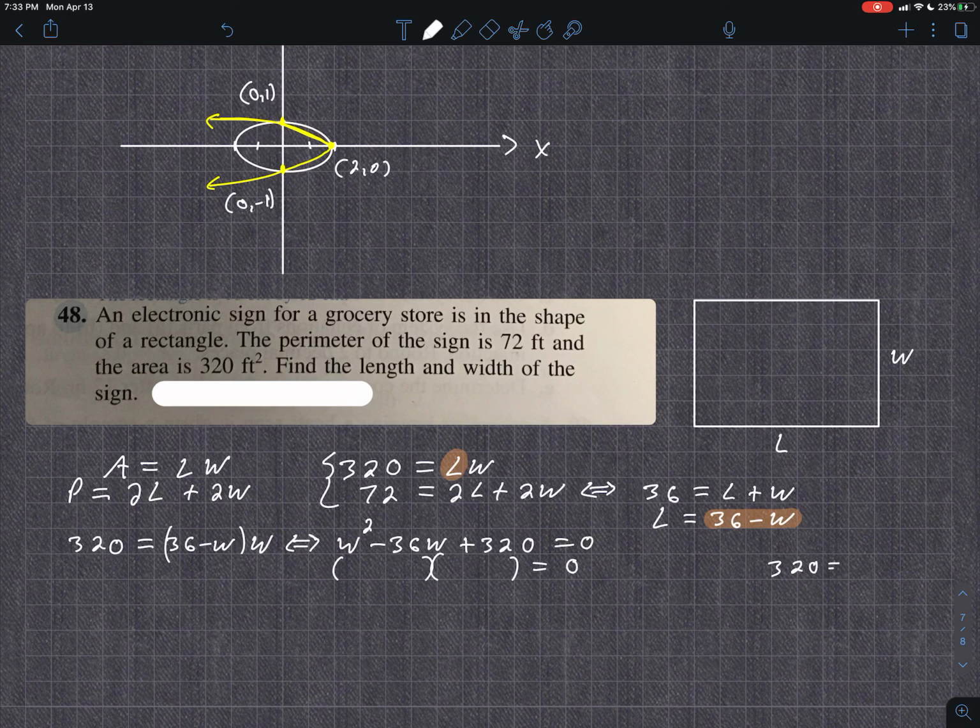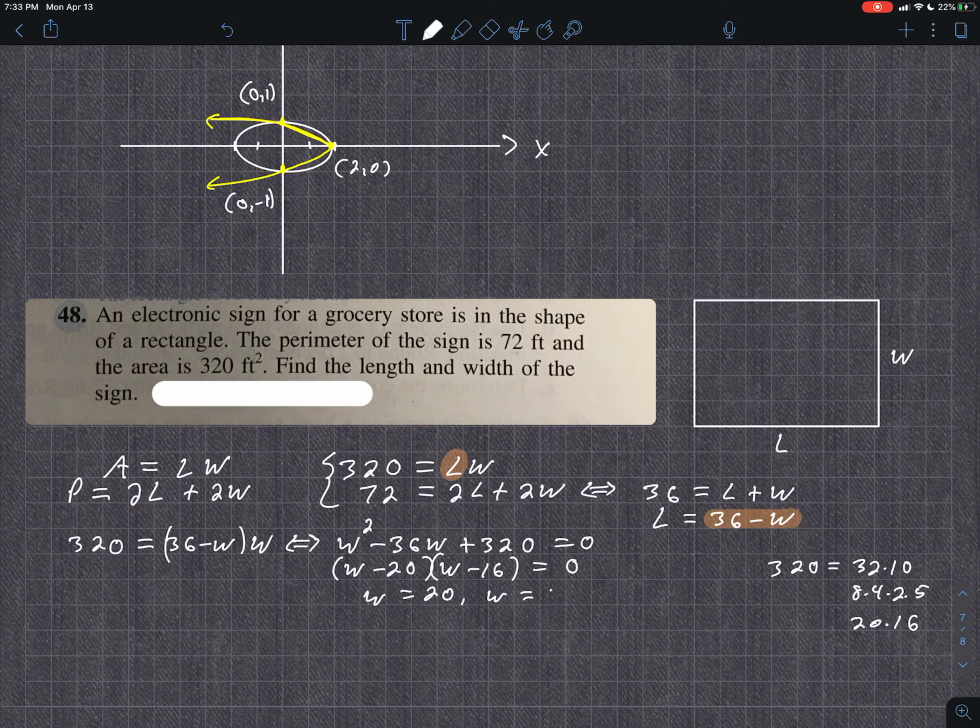After a little bit of work, 320 is 32 times 10, that's 8 times 4 times 2 times 5. Those are all the combinations we can use, and the sum is 36. So it looks like I could do 20 times 16. Yeah, that's going to work. So it's W minus 20 and W minus 16.